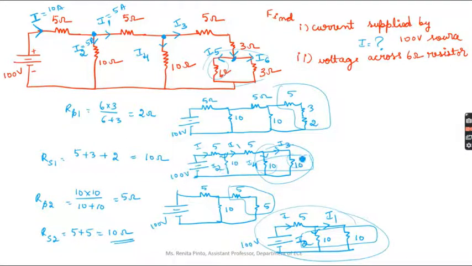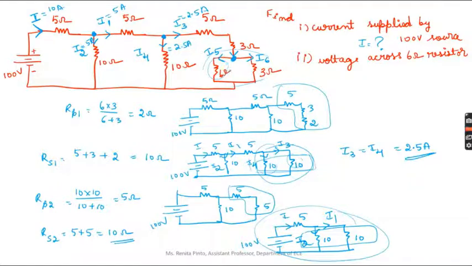Voltage across this is 100 volts, since this is a parallel circuit, and voltage across a parallel circuit is always the same. So the main current will again divide into half, correct? So I3 equals I4, half of 5 is 2.5, you can directly write. So I3 equals 2.5 amps, and I4 equals 2.5 amps. So 2.5 amps is flowing here.